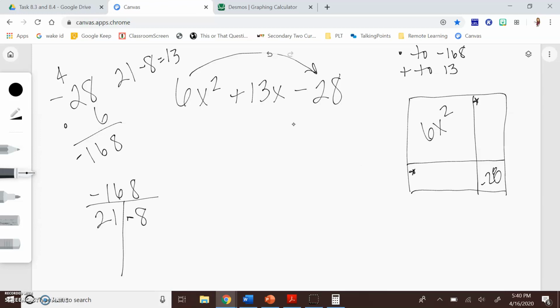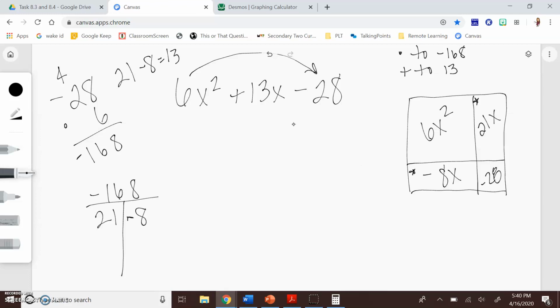So now that we have that information, I know I'm going to need an 8x in one of these places and 21x in the other. So now how can we multiply to these things?